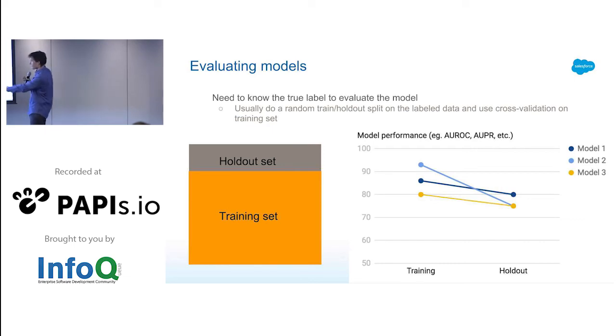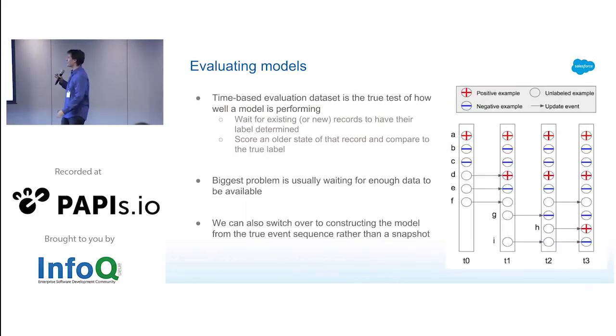You can imagine training a bunch of different models on that training set, and evaluating on the training set and then on the holdout set. You'll typically get results like this, where your model performs better on the training set than the holdout set.